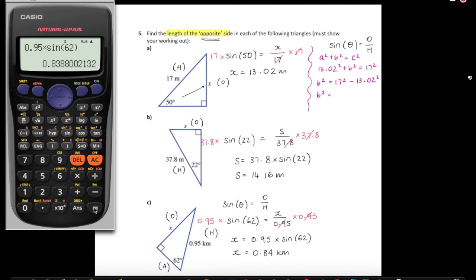So then b squared is equal to, I might just chuck that into my calculator. And I end up with 119.48. So now what you're going to do is go b equals the square root of 119.48.